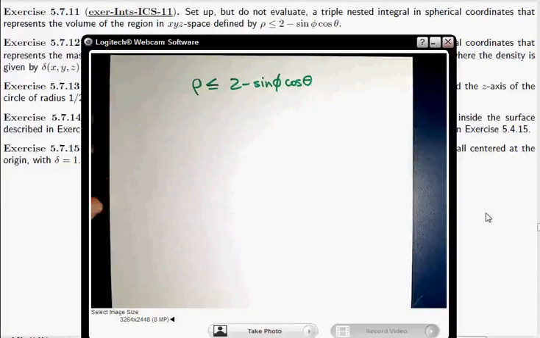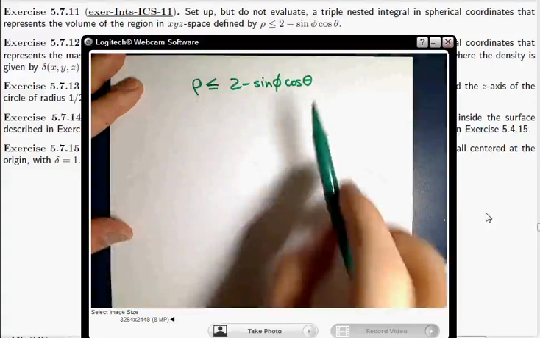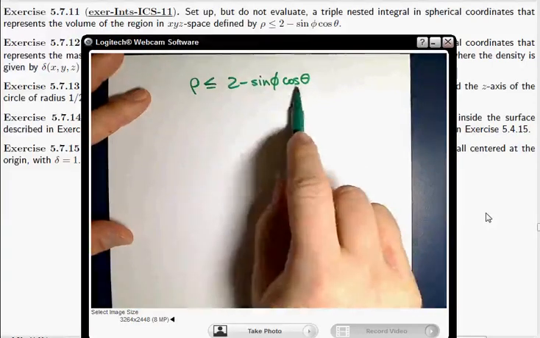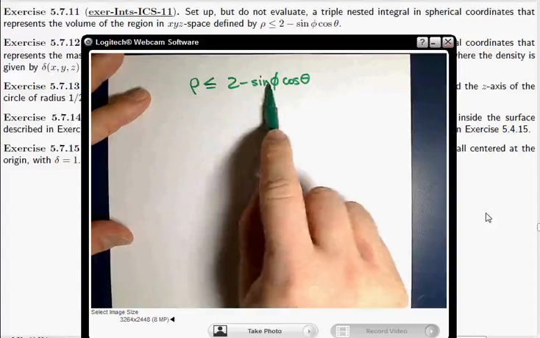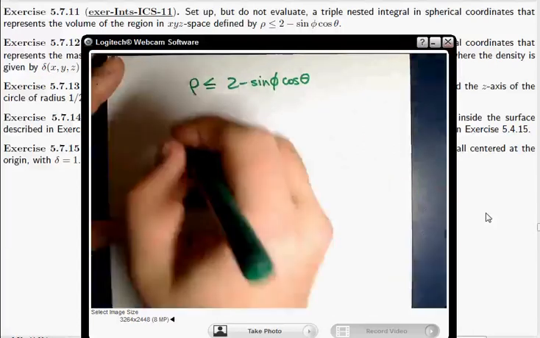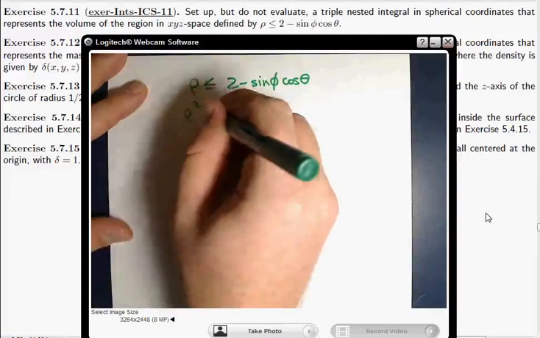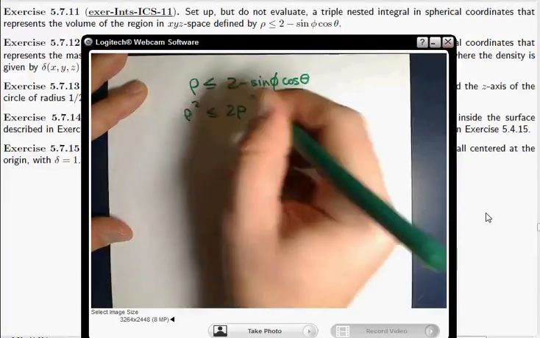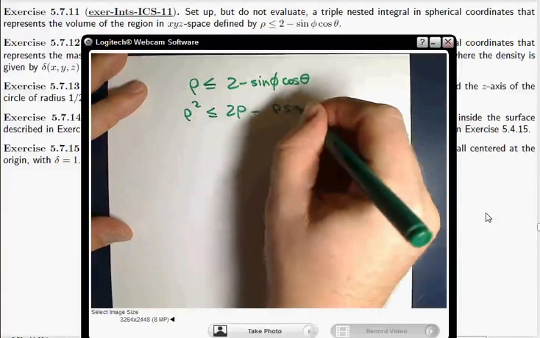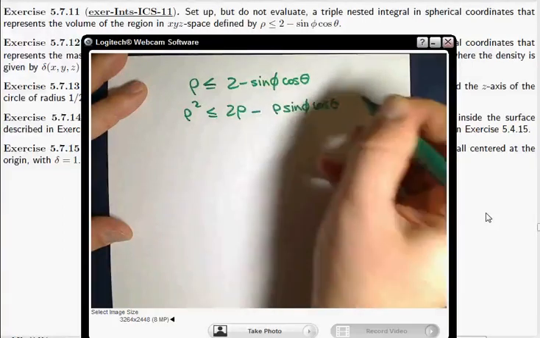It'd be rough. You'd have to take this, multiply both sides by rho squared. Then once you have a rho squared factor here, you could say, rho sine phi. Oh, wait a second. You could multiply both sides by rho. Let's just do this. Rho squared less than or equal to 2 rho minus rho sine phi cosine theta.